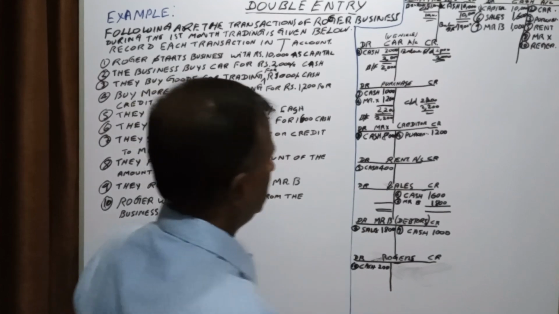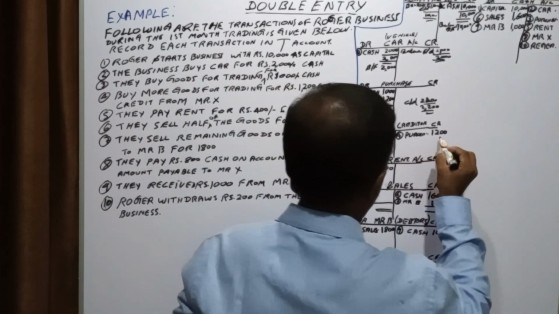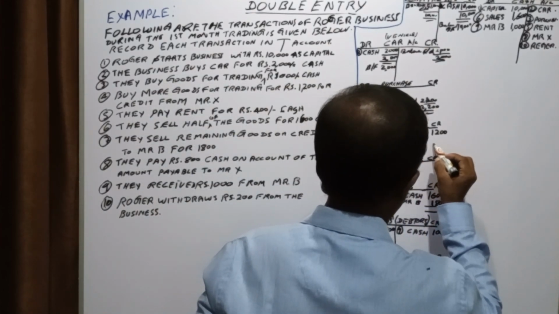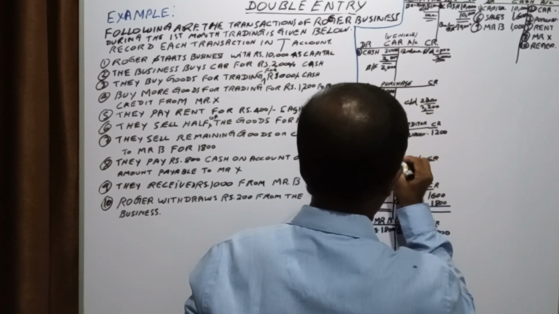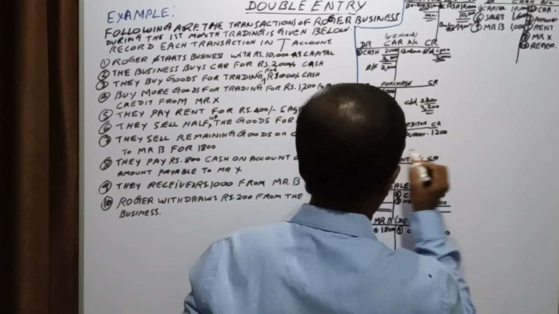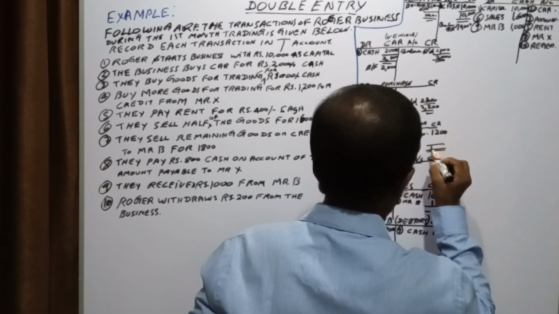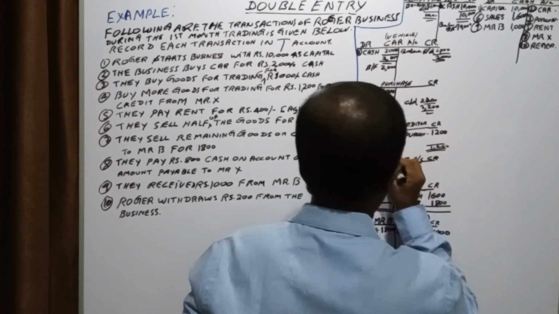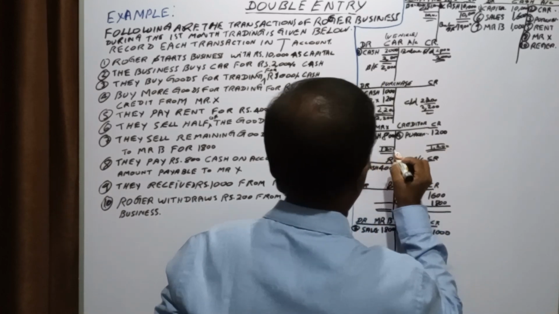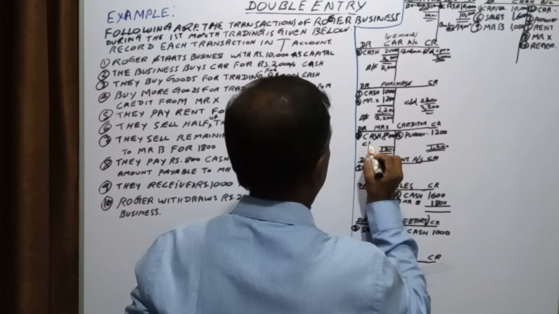Here also this is a greater amount, so we'll put 1,200 here, 1,200 carried down.